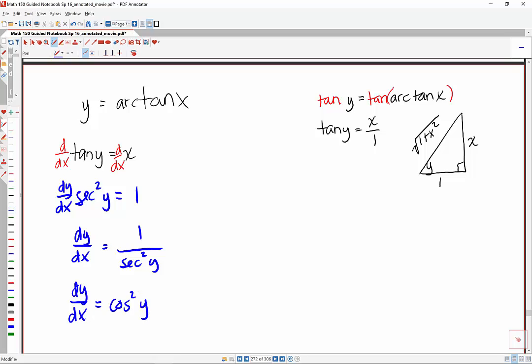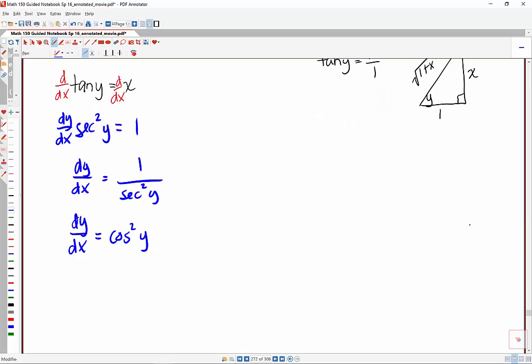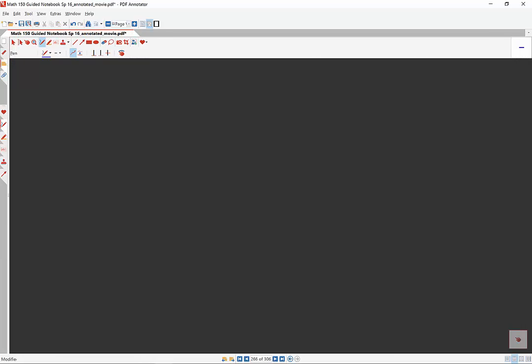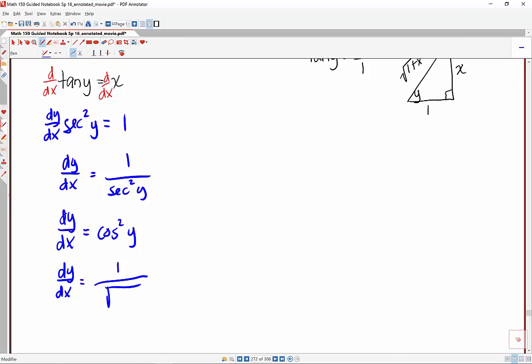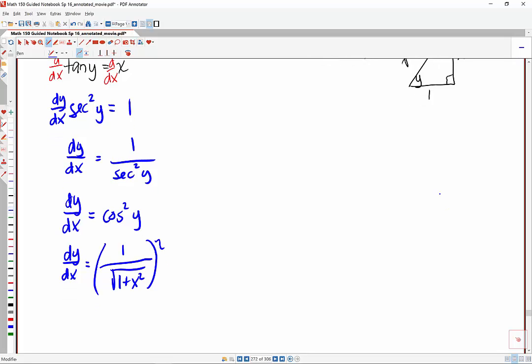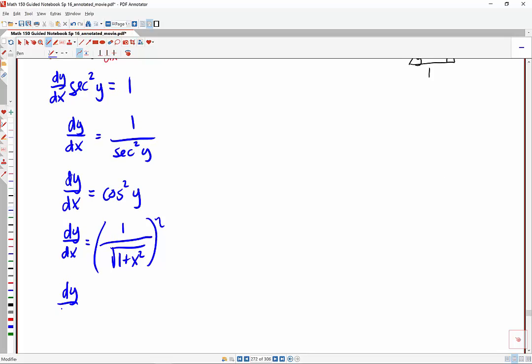And so what is the cosine? It's going to be the side adjacent over the hypotenuse. So we'll have dy dx is equal to 1 over the square root of 1 plus x squared, all of this squared. So dy dx will be equal to 1 over 1 plus x squared.